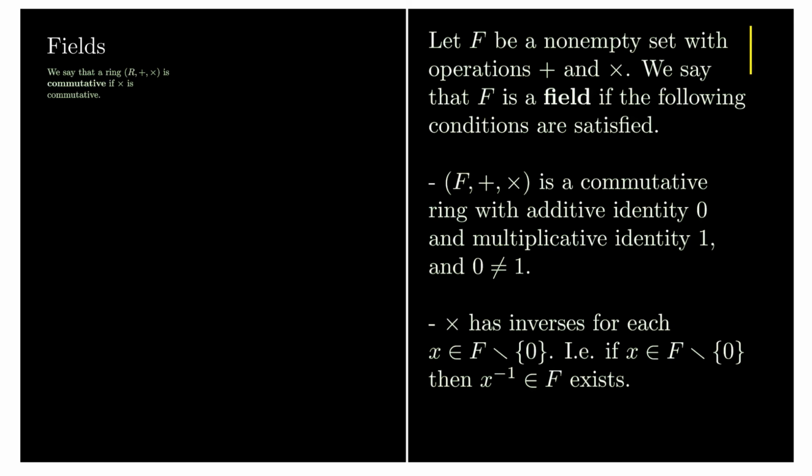with the plus operation and times operation on F. We say that this, and actually what I probably should say is, although it is common to talk about F is a field if blah, blah, blah, really in a somewhat more technical sense, although we don't often stay this technical, if I want to be really technical when I first introduce the definition, the thing that we would actually be calling a field is the triple of the set F together with the plus operation and the times operation.